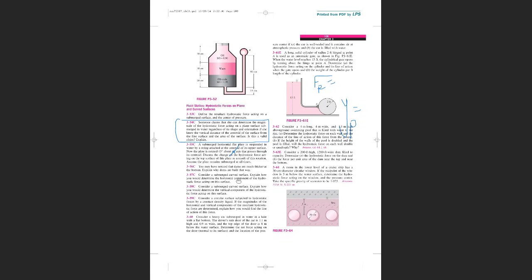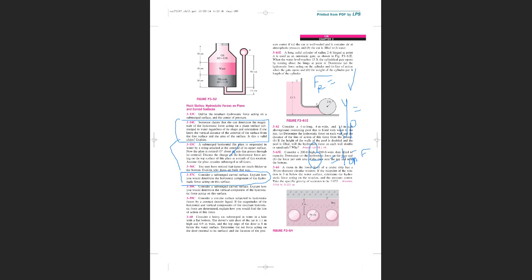57. Consider a submerged curved surface. Explain how you would determine the horizontal component of the hydrostatic force. Up to 57, that is what we said. Also like this question, we said how to get FR and theta, which is equal to tan minus 1 of what, guys?